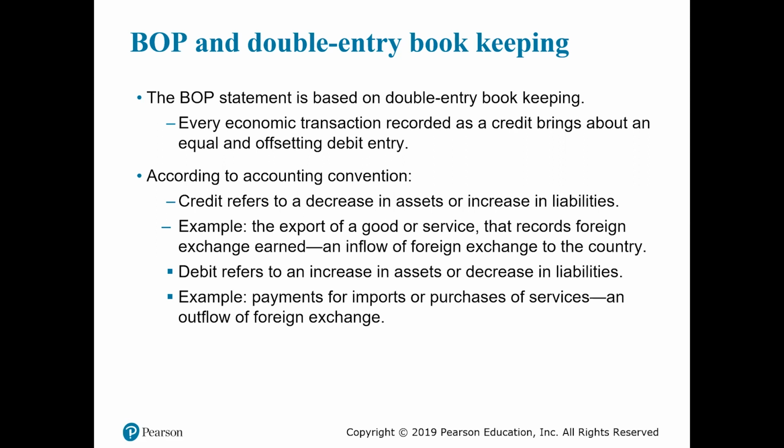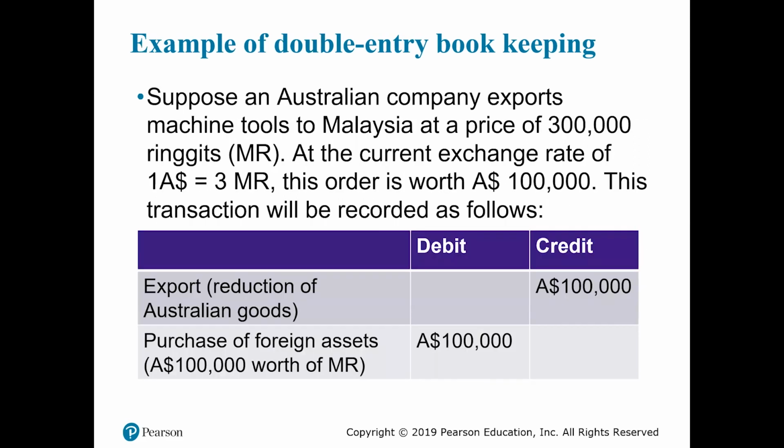So as I said, every cross-border transaction is entered twice in the BOP statement. Let's consider an example. Suppose an Australian company exports machine tools to Malaysia at a price of 300,000 Malaysian ringgit.